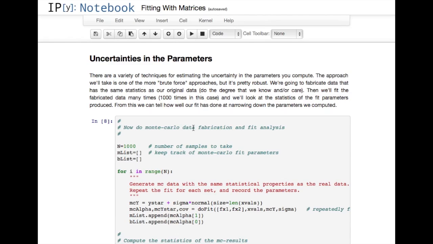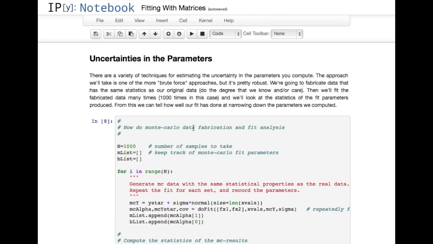We have a model that we believe explains our data well, but we want to see how well the parameters match the data. So the idea is to use what we know so far about the model to generate a bunch of additional data that's not real data, but that is statistically like the data we did collect.